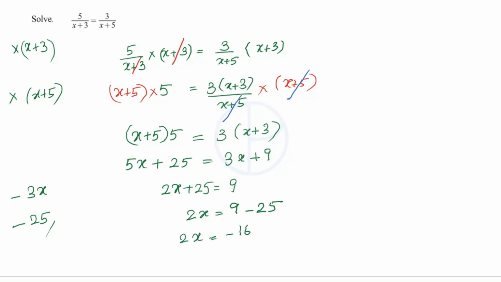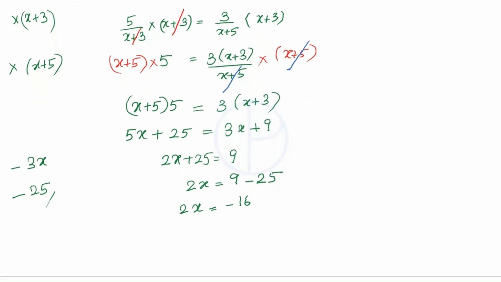So 2x equal to negative 16. To make x as the subject, divide both the side by 2, because 2 is in multiplication, so we need to do division. So we get x equal to minus 8.